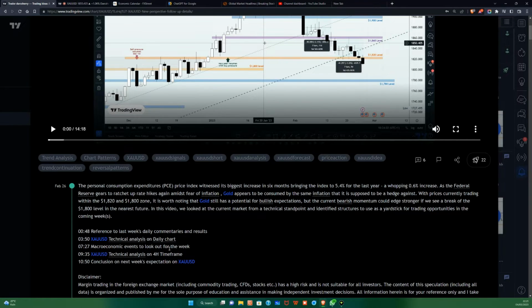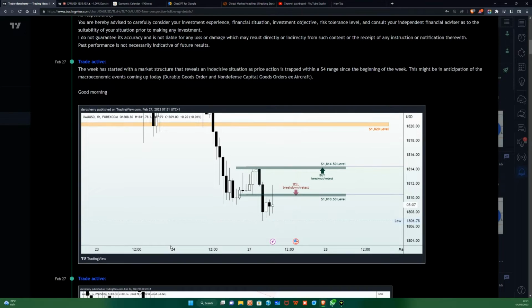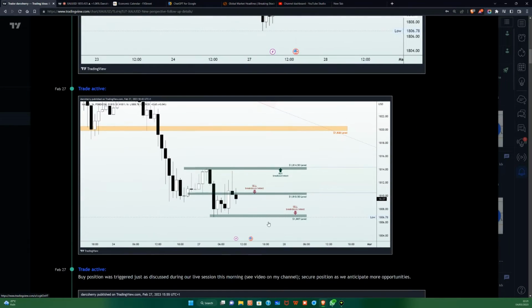So, talking about last week, the first situation we had here: I shared a commentary at the beginning of the week where I was able to spot a structure between the 1,814 and the 1,807 dollar level. One thing we understood was that this appearance of buy pressure around the 1,807 was a beautiful signal that a bullish momentum was likely coming in for the week.